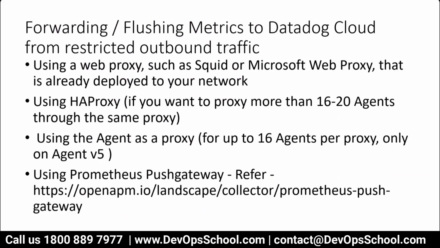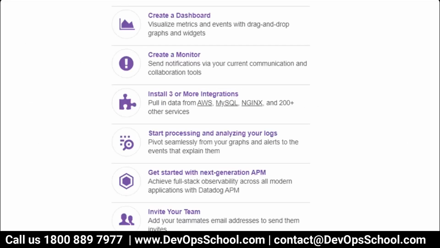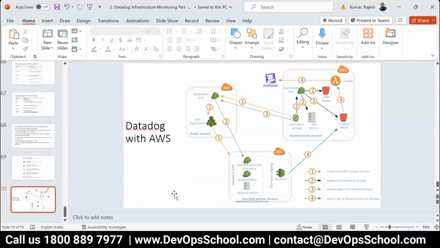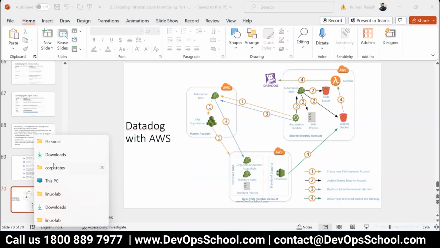Then you can use a proxy. Many software options are available for it: a web proxy, Squid, Microsoft Web Proxy, HAProxy, and the Prometheus Pushgateway can also be used. So all these options are available if you are in a restricted environment and the setup can be done.